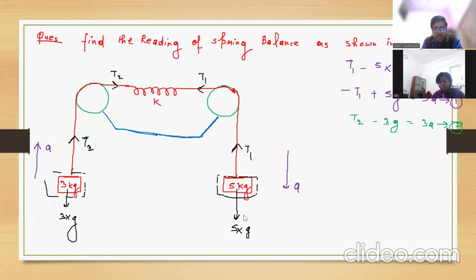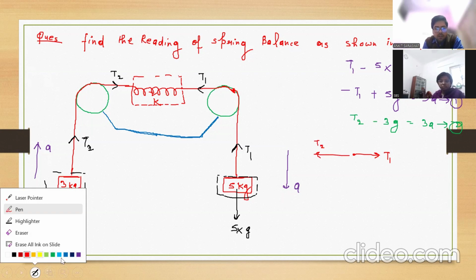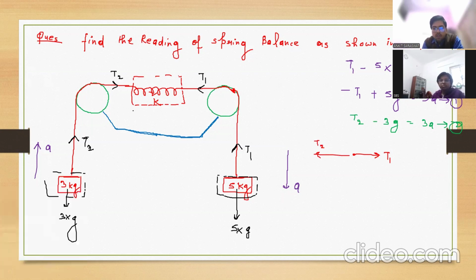Now, if I take this spring as my system, tell me, on this spring, tension T1 will be like this, T2 will be like this. Understood? Yes, sir. Clear?